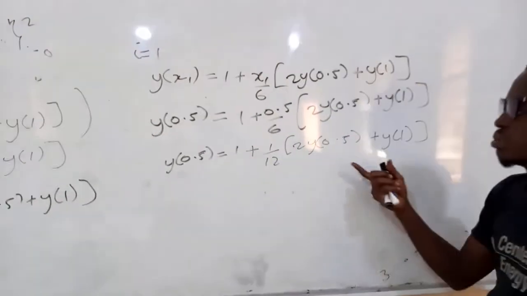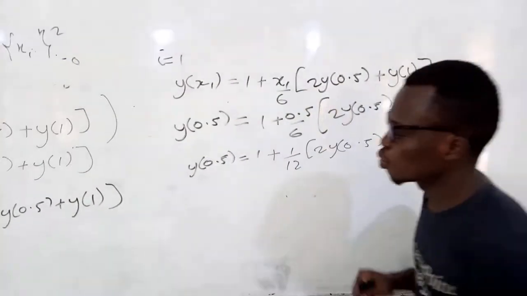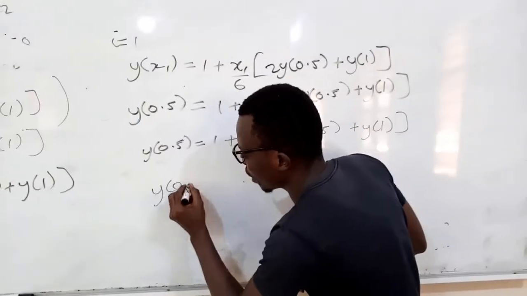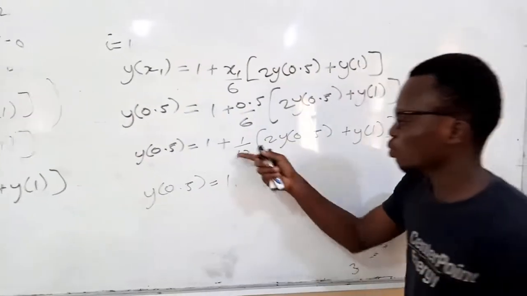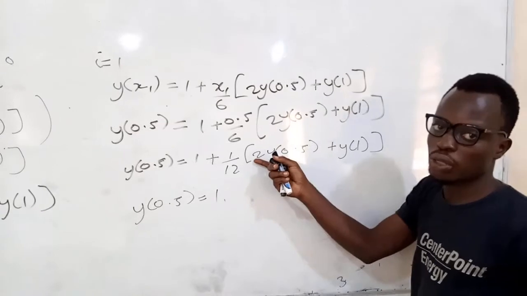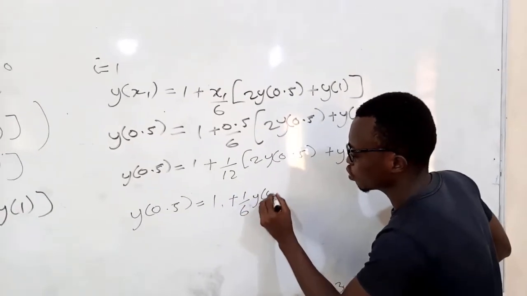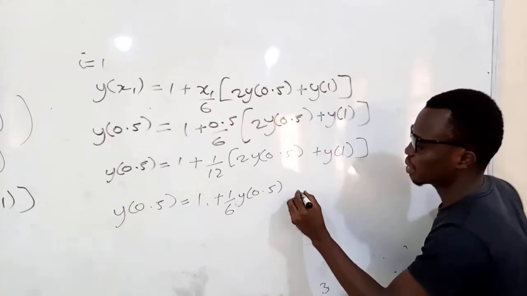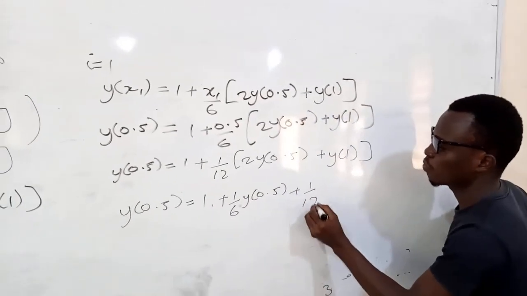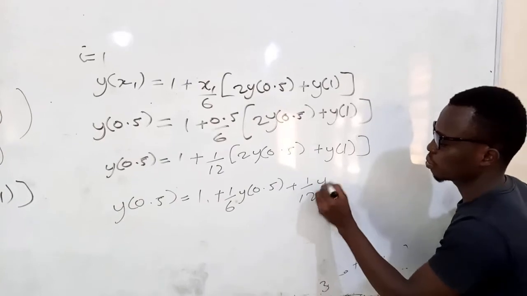Now let's open up this bracket. So we are going to have y of 0.5 equal to 1, plus 1 out of 6 times y of 0.5, plus 1 out of 12 times y1.